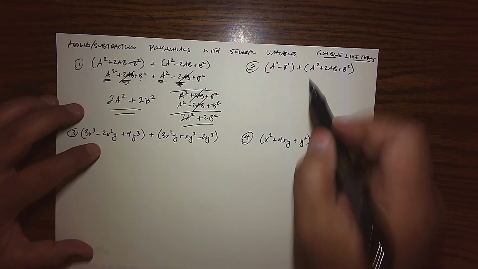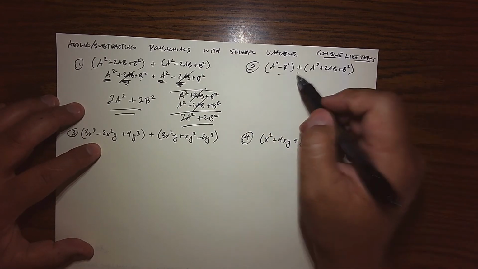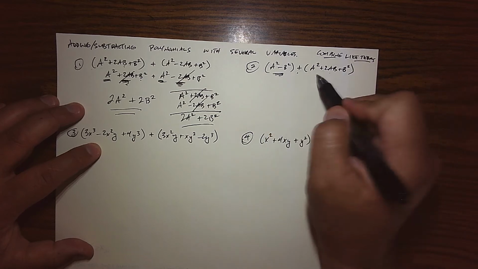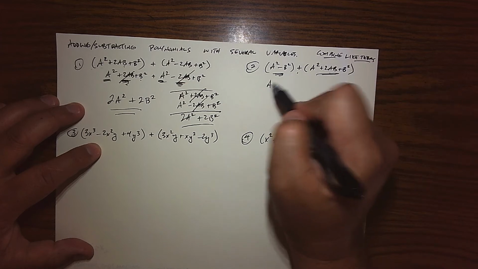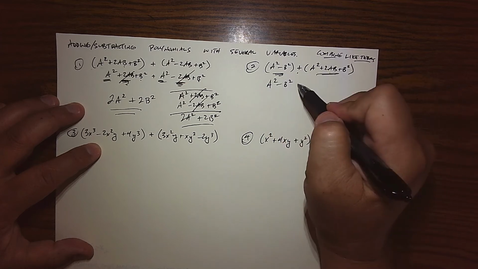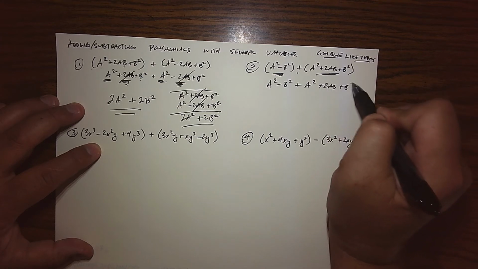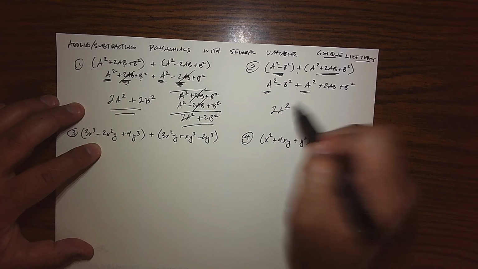So looking at some more examples, if we're adding, right, I've got my difference of squares being added to a perfect square trinomial. Again, I can't do anything inside either one of these. Nothing is going on outside of them, so I can just simply drop the parentheses and then just start going, right? So a squared, there's two of them.